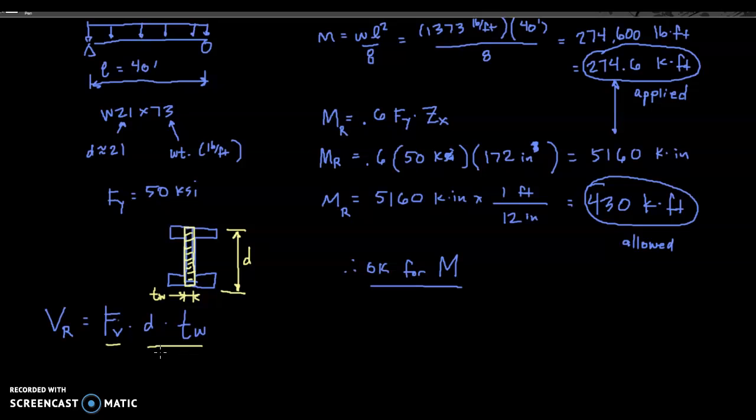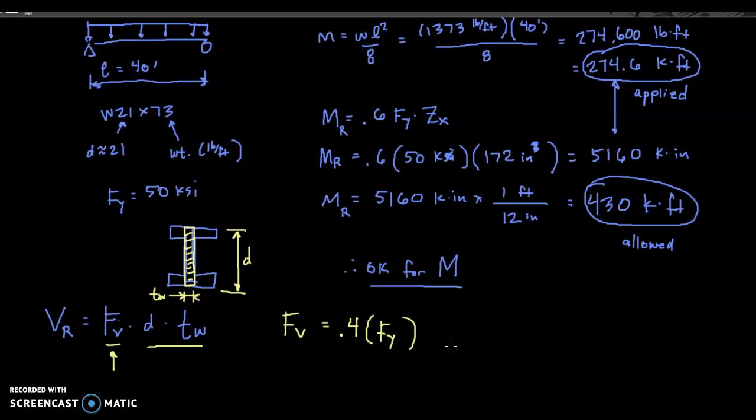Something I didn't mention before, but should: when doing AISC analysis for shear, the Fv, this value right here, we don't want to use the full yield amount. We want to use 40% of it. So Fv equals 0.4 times Fy.